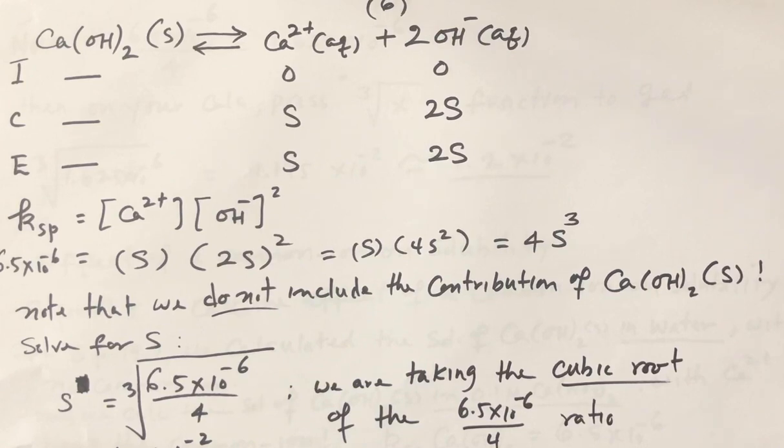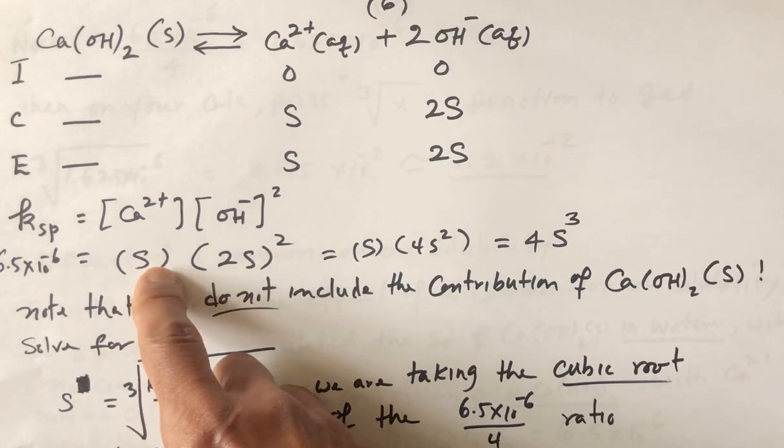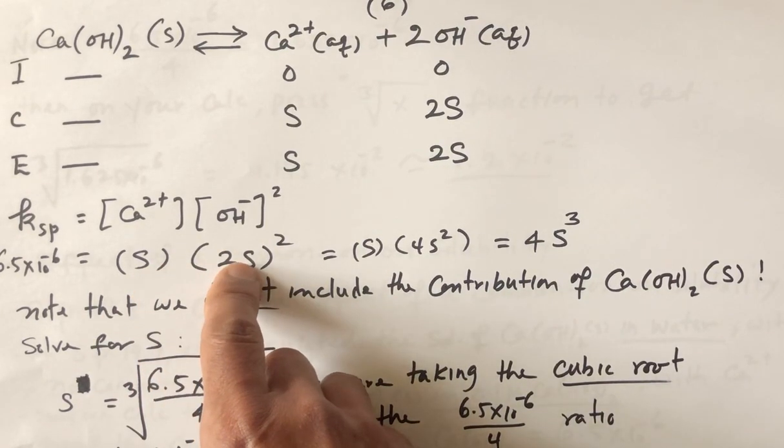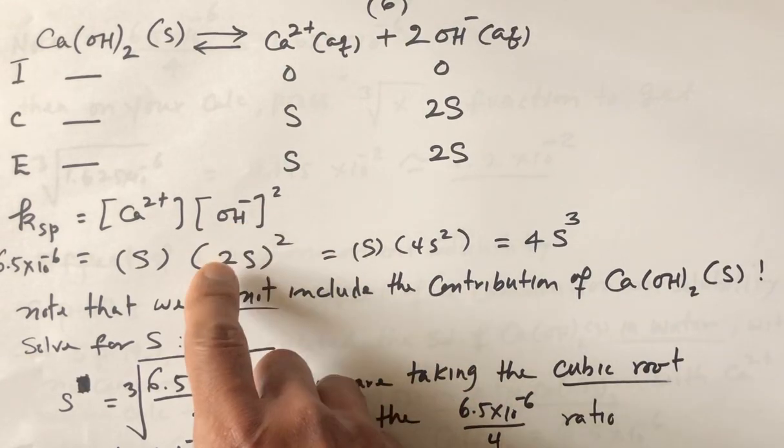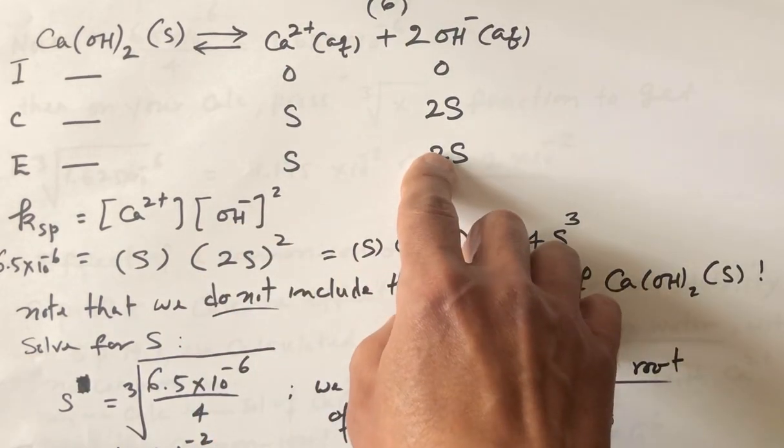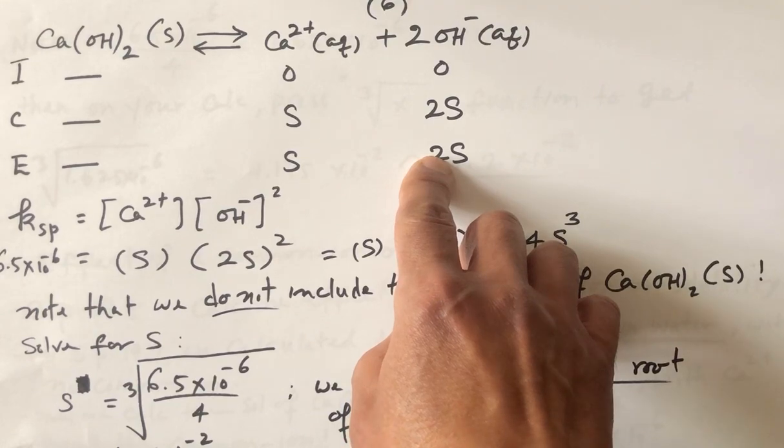Now, the KSP is the product of calcium 2+ and OH- squared in molar concentrations. And now, well, the KSP is 6.5 times 10 negative 6. Calcium is S. OH- is 2S squared. Make sure you remember that this 2S has to be squared at the end, okay?